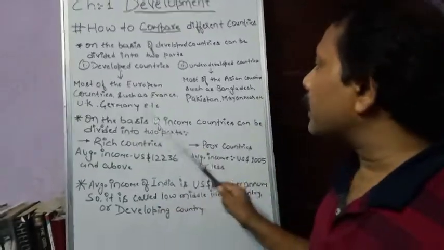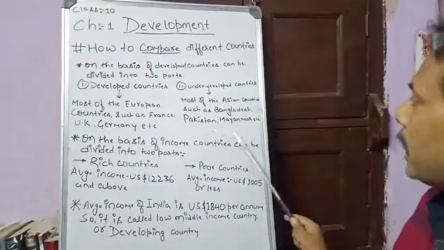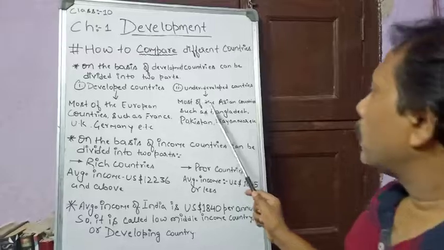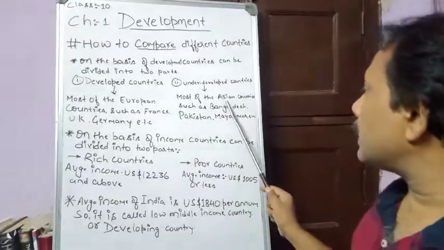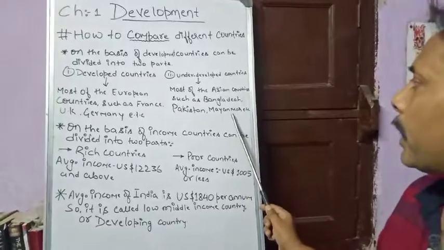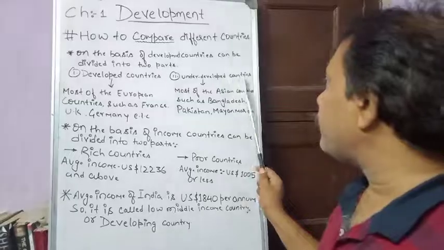These countries are considered developed countries, and the countries which lie in the Asian continent are known as Asian countries, such as Bangladesh, Pakistan, Myanmar, and these countries are considered underdeveloped countries.